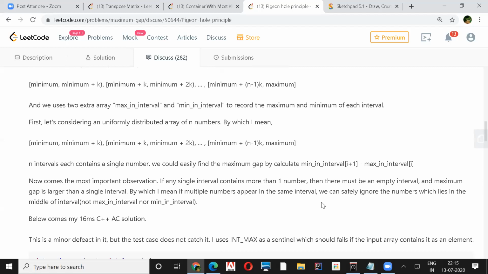If there are multiple numbers in a single interval, then there has to be an empty interval, and max gap is larger than a single interval. Okay. So if we follow exactly the way it says, then we won't have to do that.